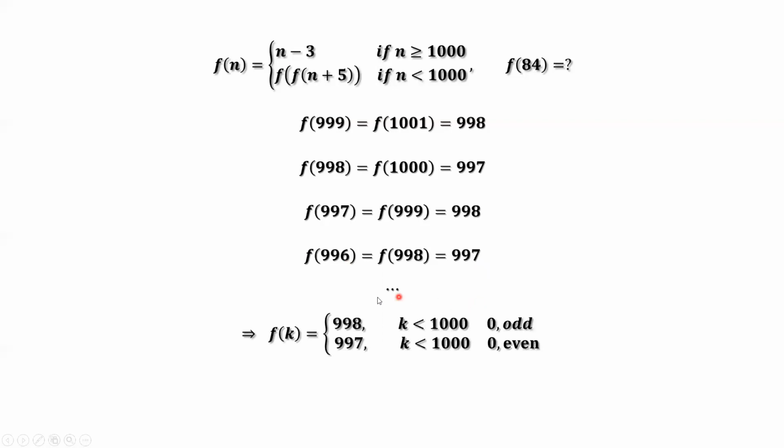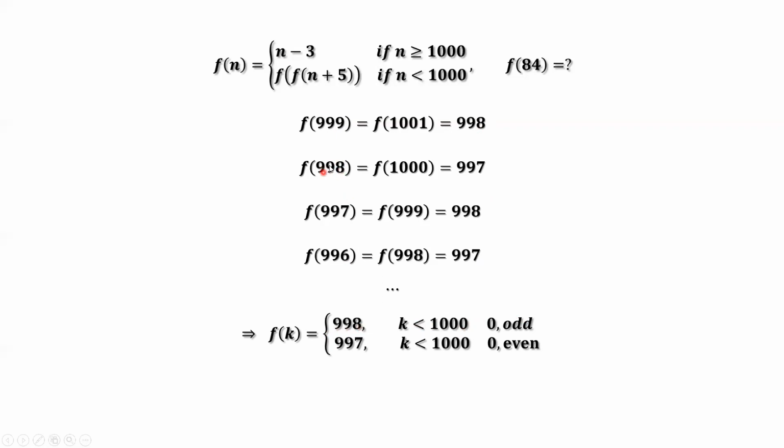We summarize the result into this formula. If the inside part number is an odd number, the final answer is 998. Odd number, the number less than 1,000, the answer is 998.